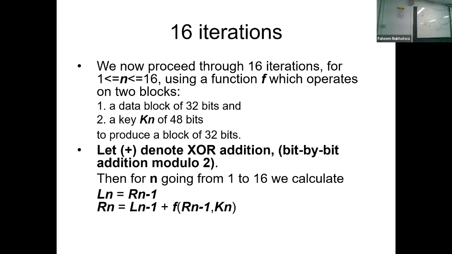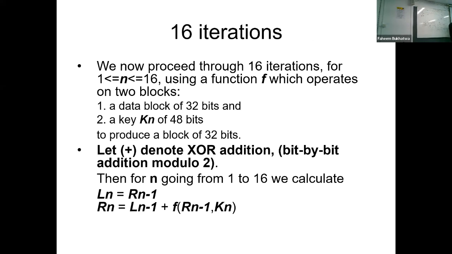This is the actual, well, putting it simply, the new left half is going to be the previous right half. This is where we swap it. The previous right half becomes the left, and we only operate on one of them.